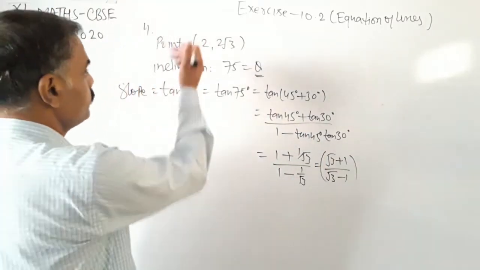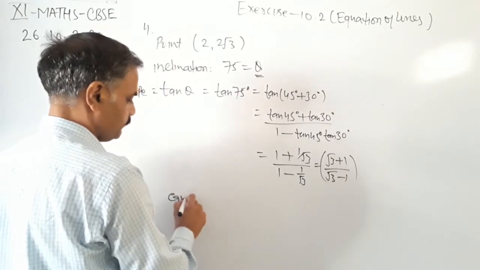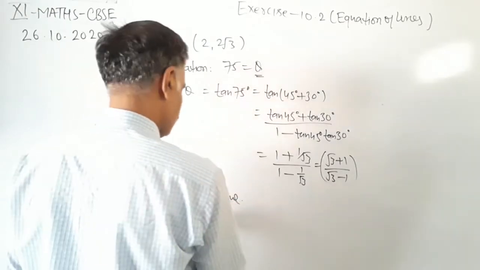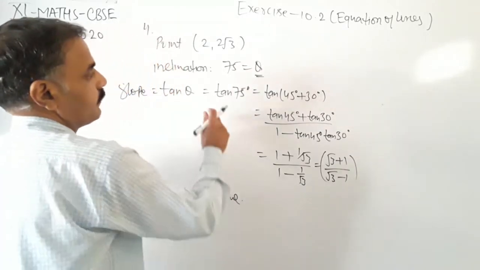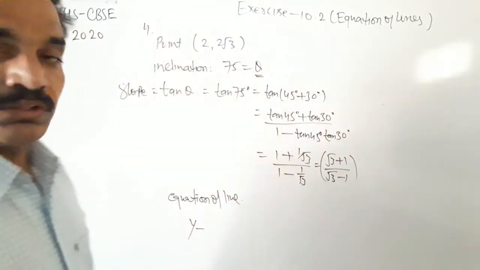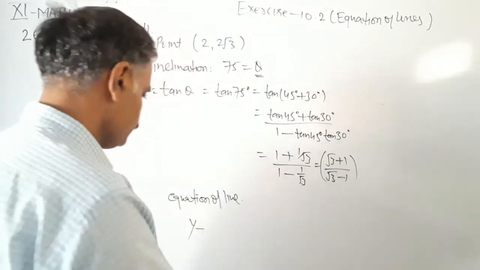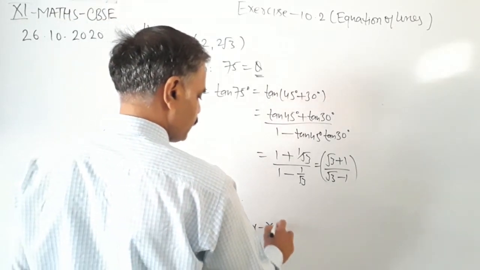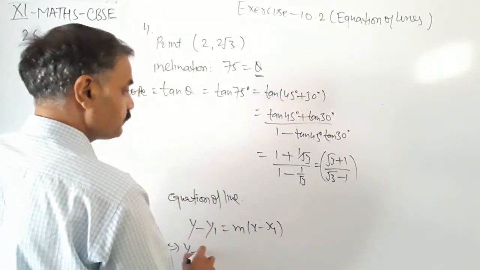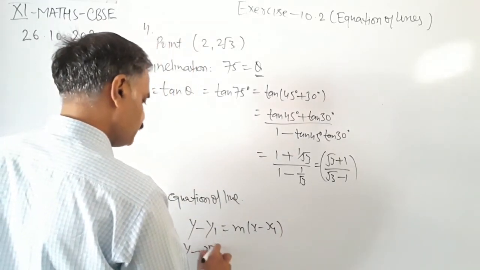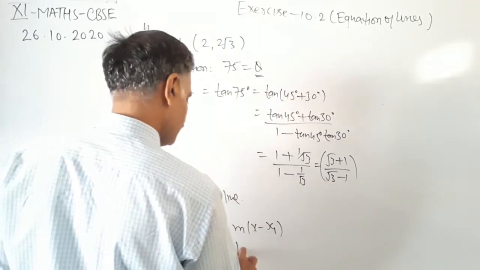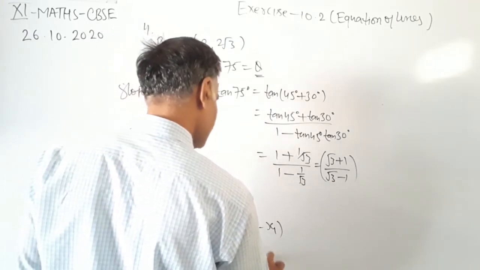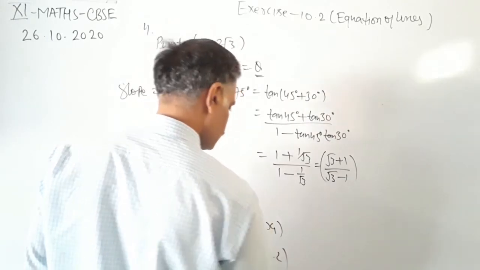This is the slope and this is the point. So equation of line in point slope form is y minus y1 equals to slope m into x minus x1. So y minus 2 under root 3 is equals to m, that is under root 3 plus 1 upon under root 3 minus 1, into x minus x1, that is 2.